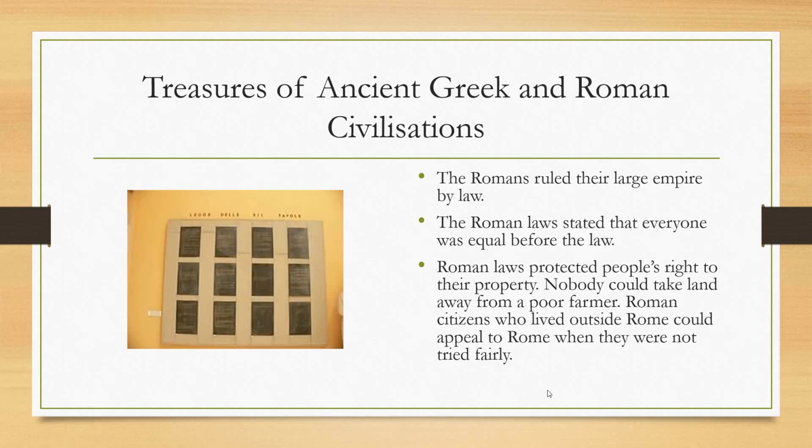However, you think that the judgment is unfair. Therefore, you make an appeal, and you appeal to Rome in order to revise the judgment. So this is the appeal mechanism in ancient Roman times.